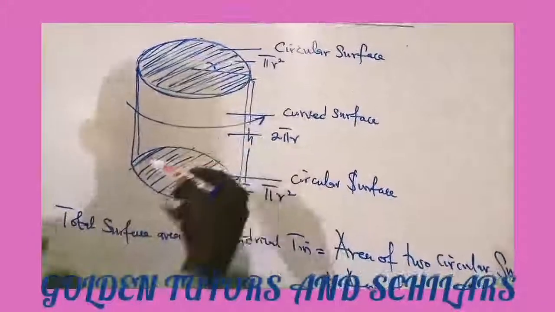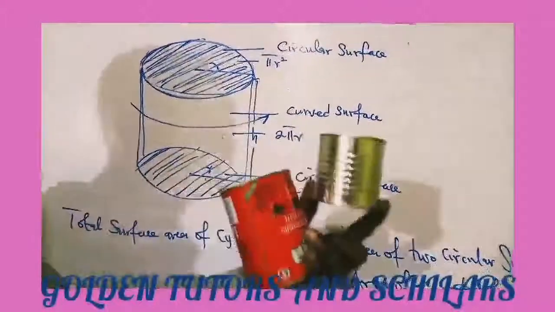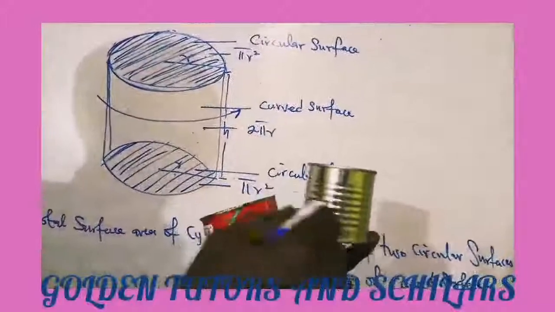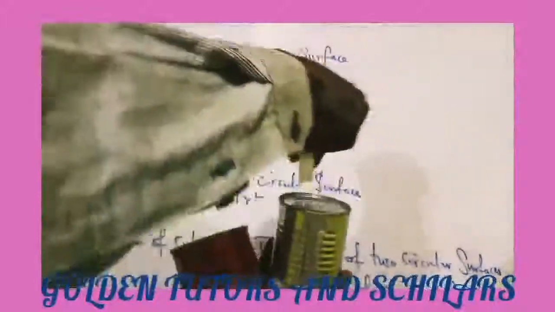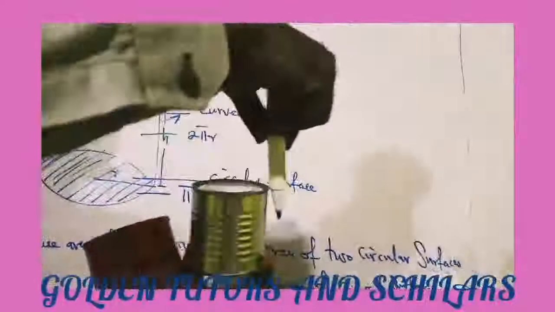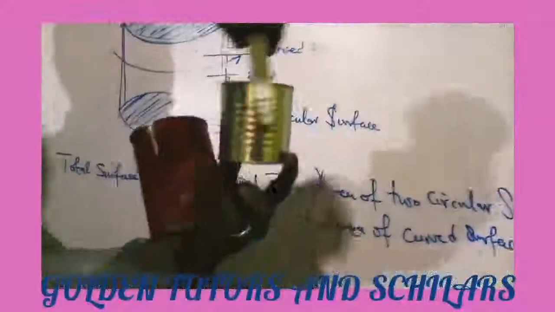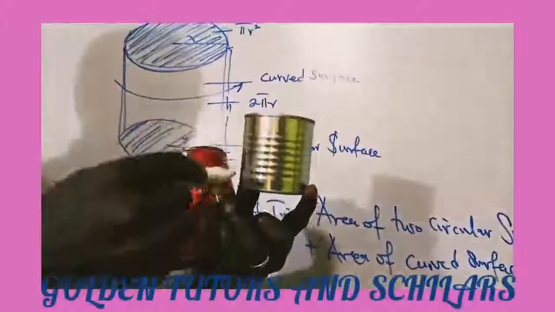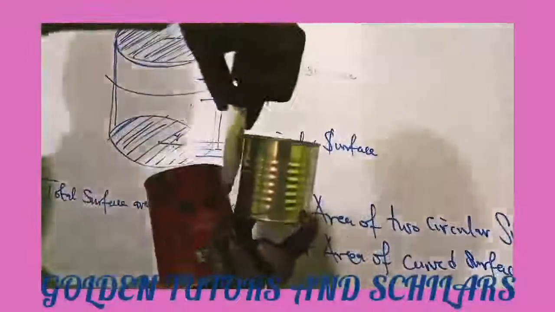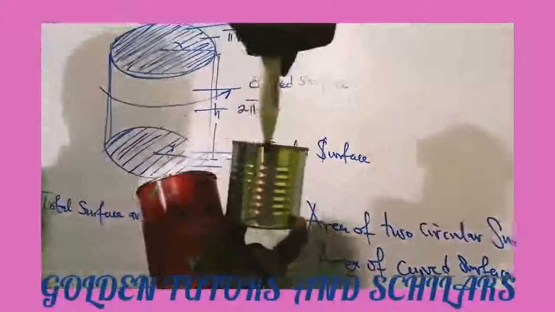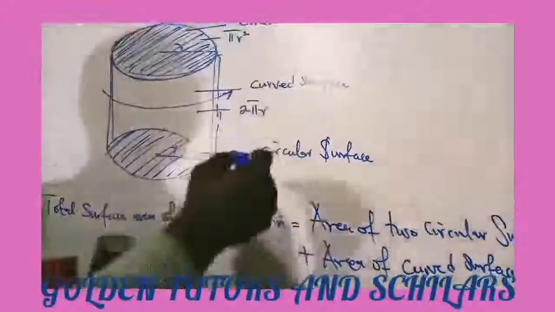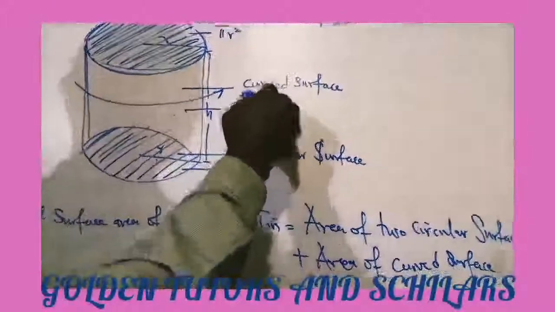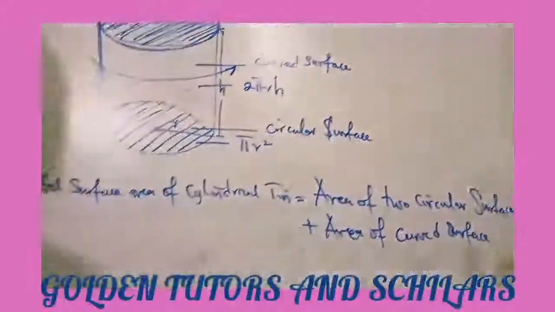If I go around this, I've made one complete rotation. That is 2 pi r, the circumference. With respect to the height, as I go from the bottom, I go around and I come down to the top here. I've covered the entire height, which is why it is 2 pi r h.